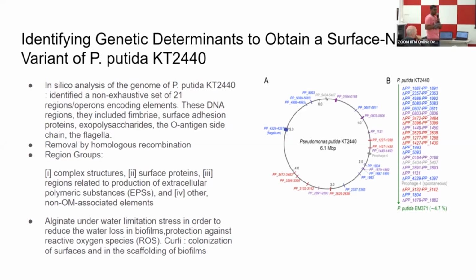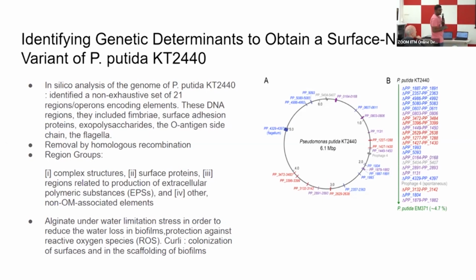The removal was done by homologous recombination. Figure B represents the order in which the regions were removed. Initially we have Pseudomonas putida KT2440, and finally the strain is Pseudomonas putida EM371.